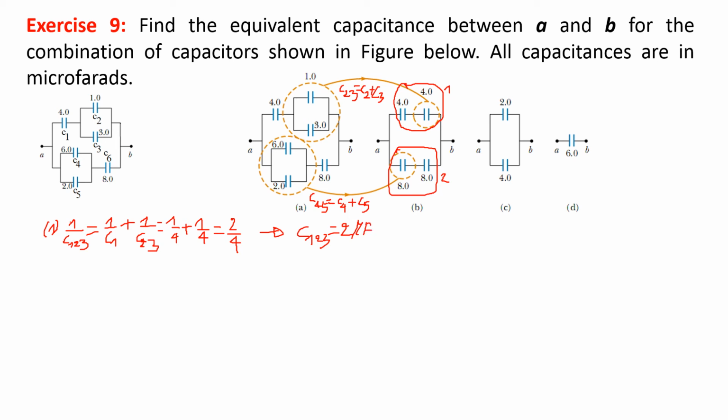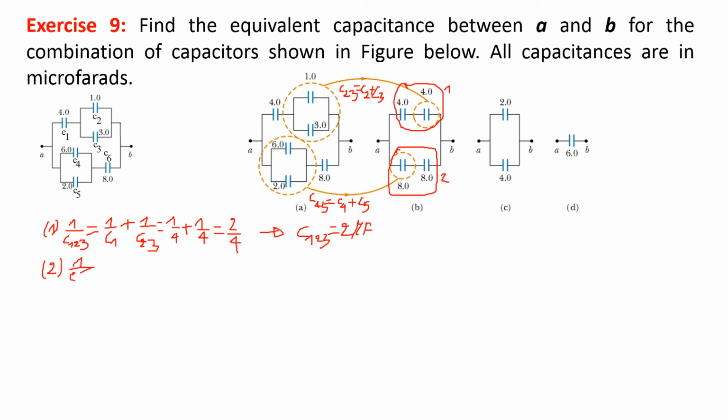And in 2, we have capacitors 4, 5 and capacitor 6. They are in series. Once capacitors are in series, to find their equivalent capacitance, we use the inverse relationship.